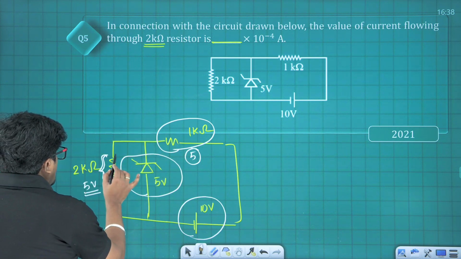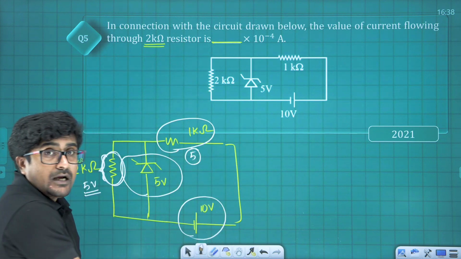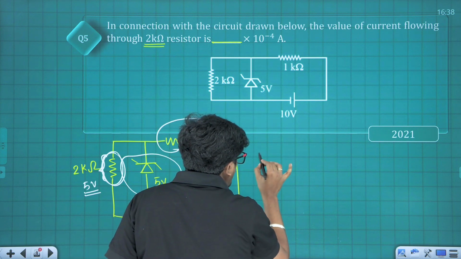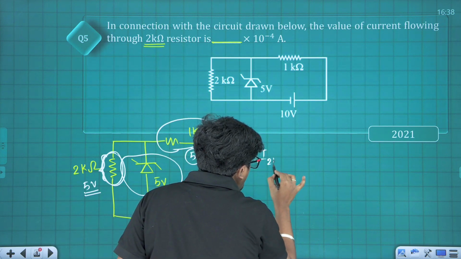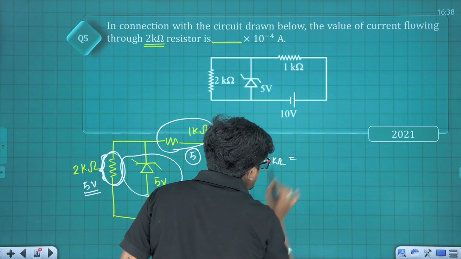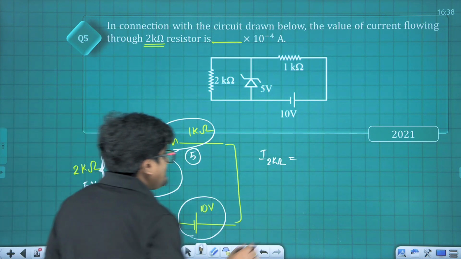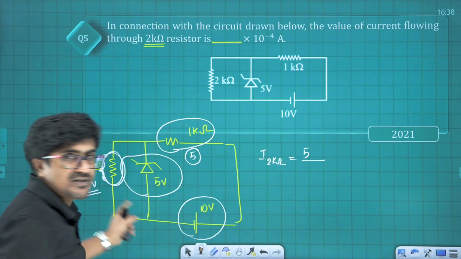Now obviously, to identify the current flowing through this one, that is what they are asking for, the current flowing through the 2 kilo ohm resistance. So the current flowing through the 2 kilo ohm resistance, I through 2 kilo ohm, that is supposed to be, what is the potential drop? It is 5 volt. 5 all divided by, what is the resistance here?